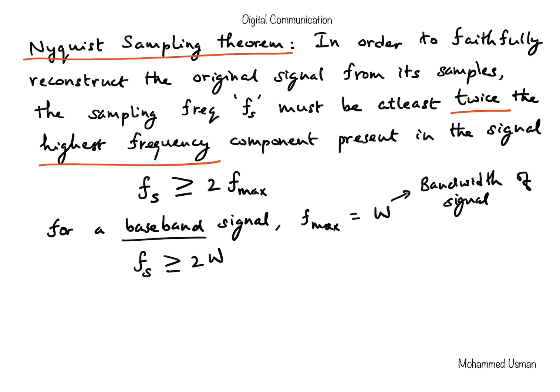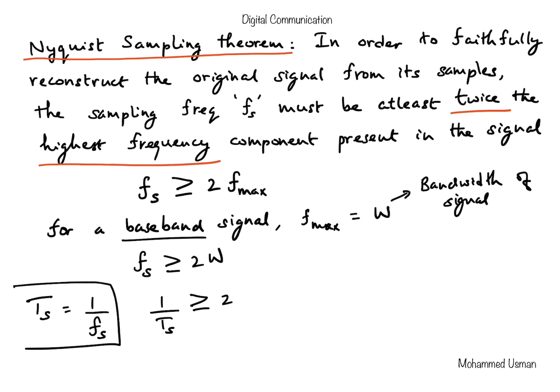Or it can also be written in terms of the sampling period by noting that Ts is equal to 1 by Fs. So we can write this sampling equation as 1 upon Ts to be at least 2W, or you can write it equivalently as the sampling period Ts to be less than or equal to 1 by 2W.